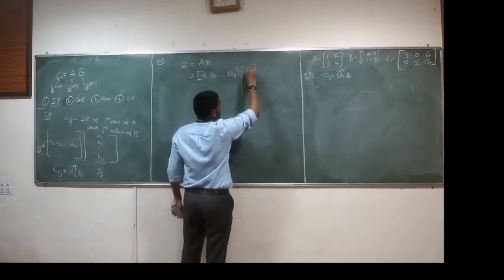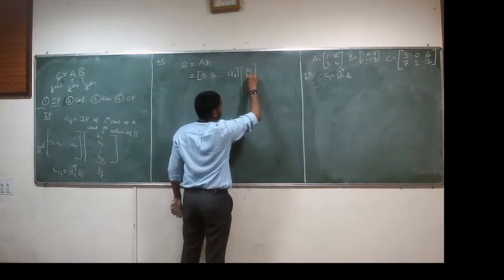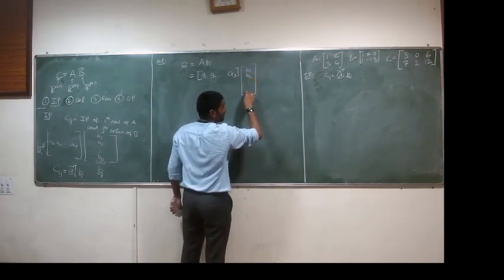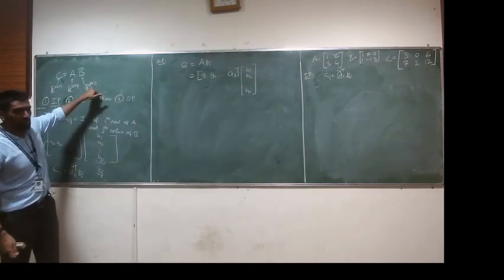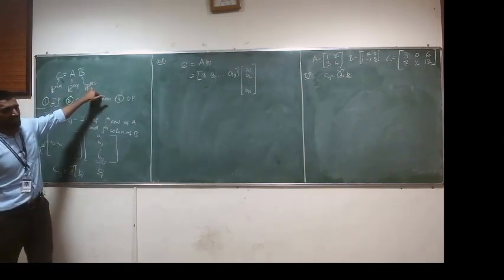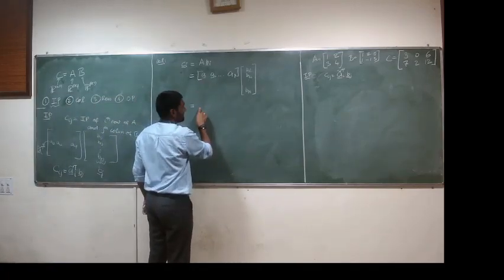It's the ith column, it will be B1i, B2i, and how many do I have? BPi. Here, because B is P cross n, there are P rows in B. So what will this be?